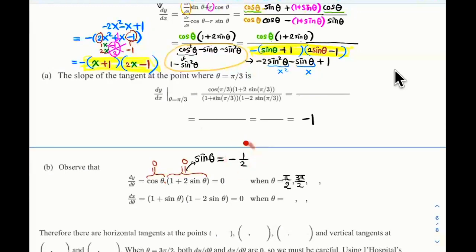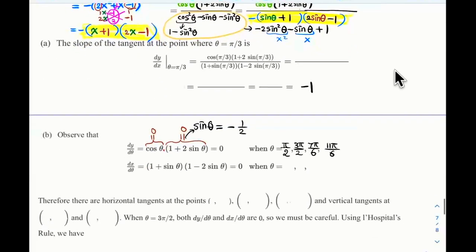Yeah, negative. I'm trying to find the theta where sine theta equals negative 1/2. 7 pi over 6. Okay, so 7 pi over 6. One more. 11 pi over 6. Okay, now I know that is good. So you got those angles, right?